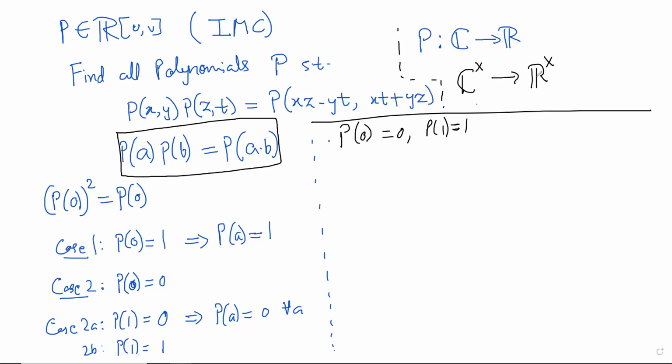It means we don't know if C cross goes to R cross. But still, I think we can say it directly.